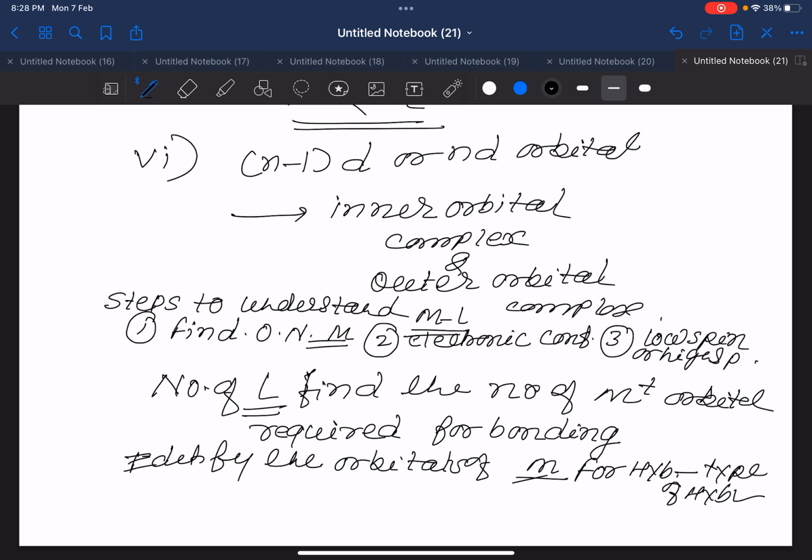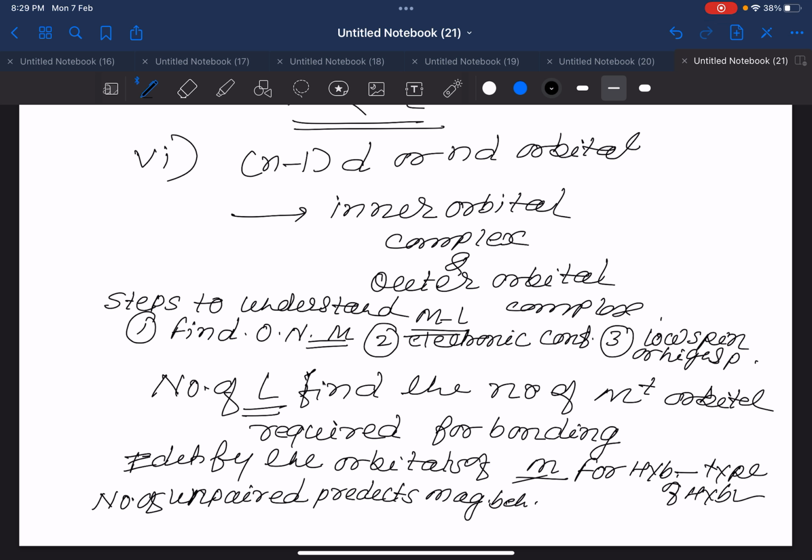उसके बाद में determine the number of unpaired electrons and predict the magnetic behavior. इस तरह से हम लोग उसका कॉम्प्लेक्स का इंटरनल स्ट्रक्चर, उसकी मैग्नेटिक बिहेवियर, उसके ऑर्बिटल्स और लिगैंड्स, मेटल ऑर्बिटल्स का हाइब्रिडाइजेशन, ओवरलैपिंग ऑफ लिगैंड्स, ये सब निकाल सकते हैं.